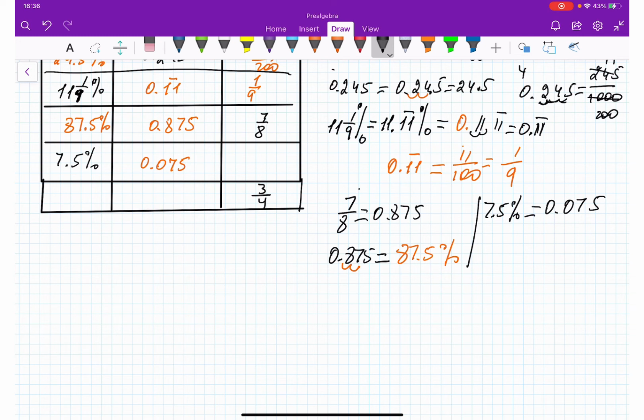Now 0.075, to convert into fraction, it's going to be 75 over, 1, 2, 3 decimal places, so it's going to be 1,000. 75 divided by 25 is going to be 3. And 1,000 divided by 25, it's going to be 40. So the answer is going to be 3 over 40.